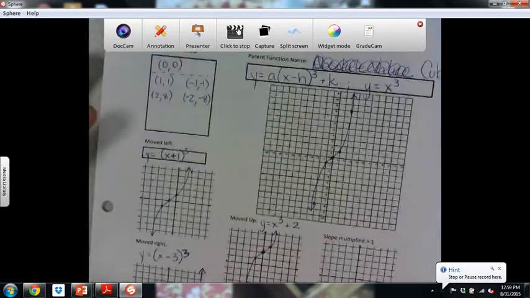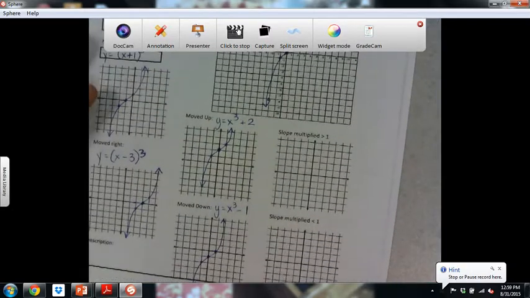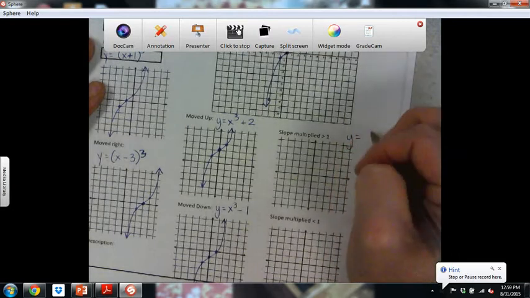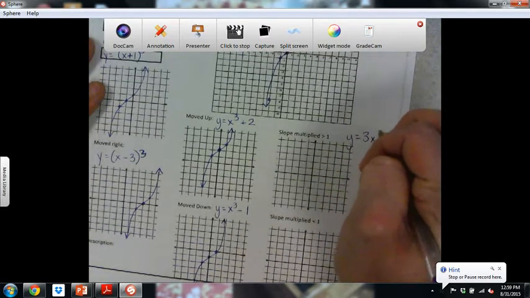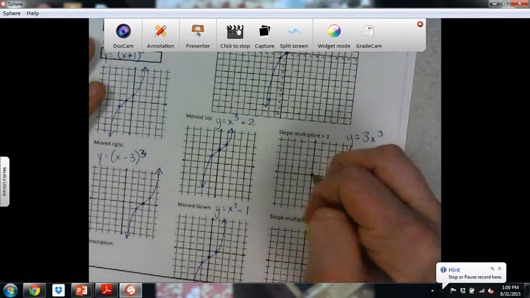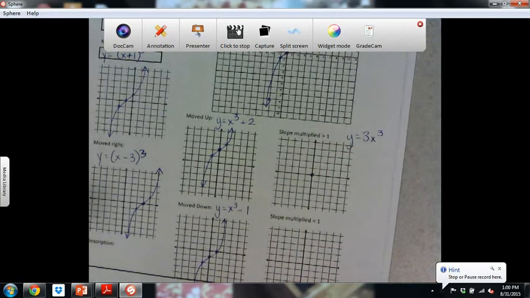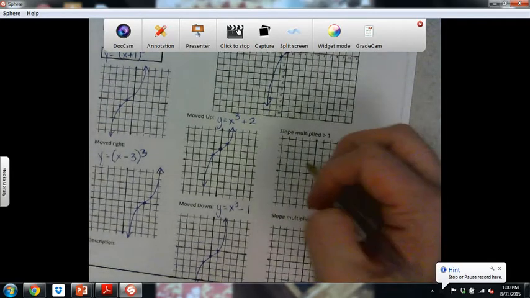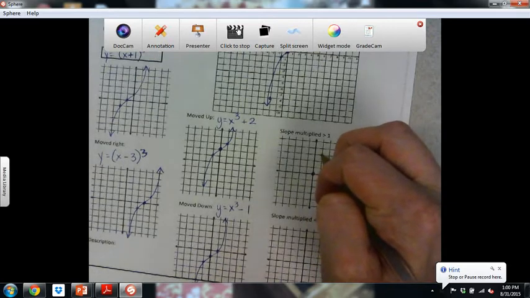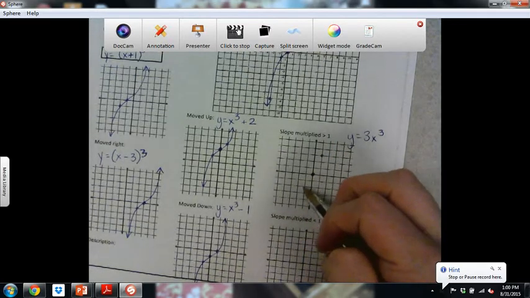The final example here is the cubic function. If I said y equals, let's say, 3x to the third power, my 0, 0 point won't move. If I plug in 1, 1 to the third power is 1 times 3 is 3, so that goes here. And if I plug in a negative 1, I get negative 3.